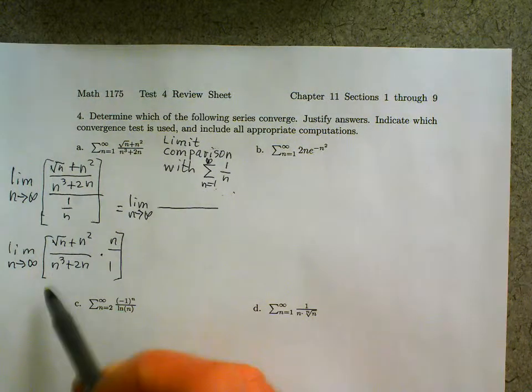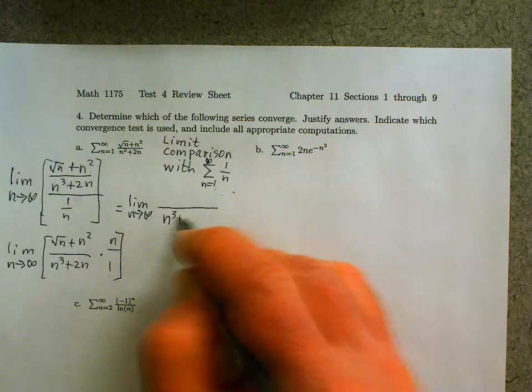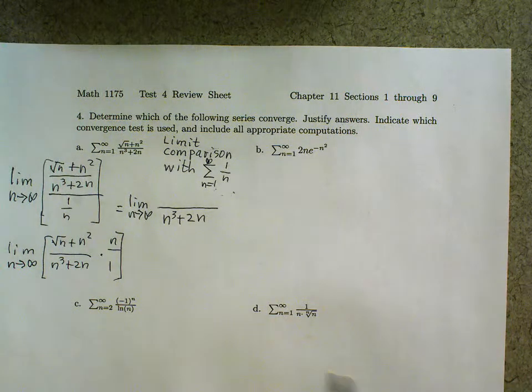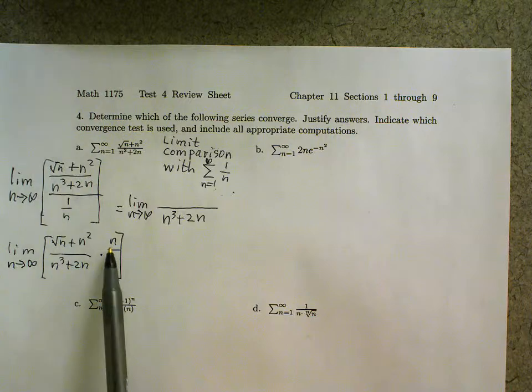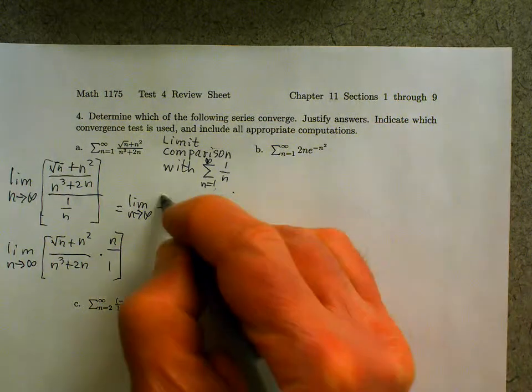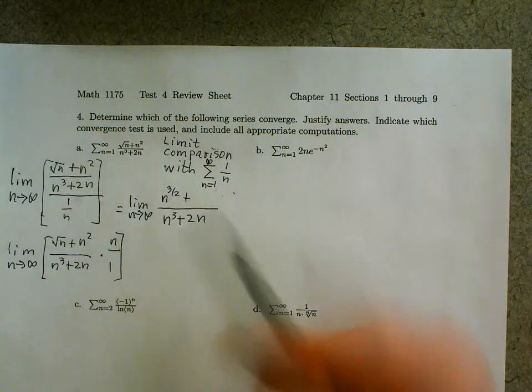The denominator is just n to the third plus 2n times 1, so n to the third plus 2n. And in the numerator, the square root of n times n is n to the 3/2, and then n squared times n is n to the third.